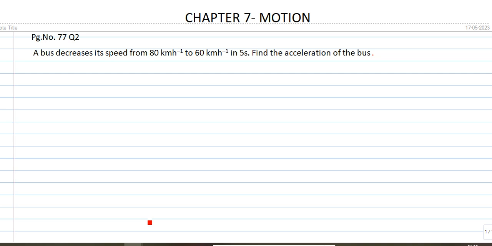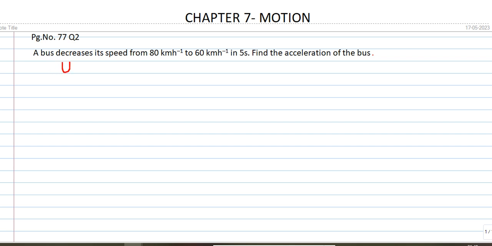This is on page number 77, question 2. This question says a bus decreases its speed from 80 km per hour to 60 km per hour in 5 seconds. Find the acceleration of the bus. Again, this is a decrease in the speed, meaning your acceleration is going to be negative. So as usual, we will write down the information given in the question.